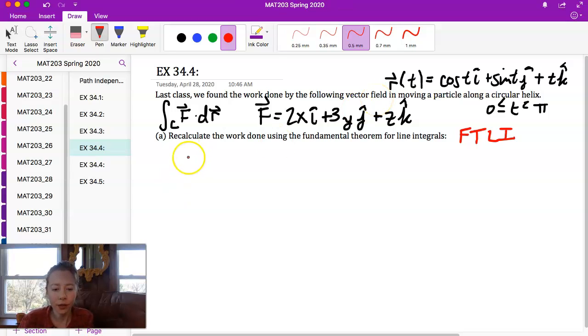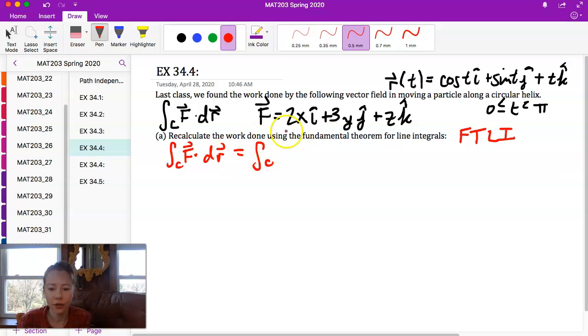Okay, so to do this, the fundamental theorem of line integrals says that the work, or the line integral of f dot dr is going to equal the potential function at our endpoint. Well, actually, I stepped one step ahead for a sec, so let's back up.